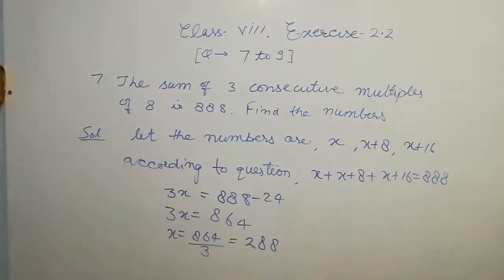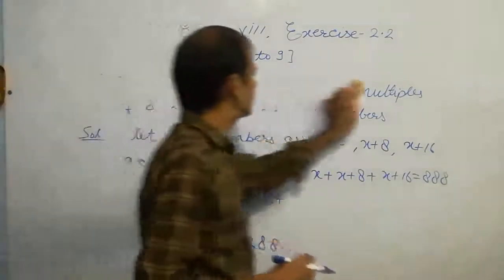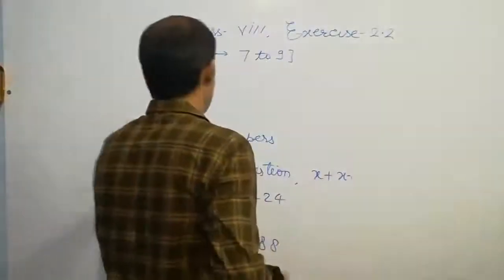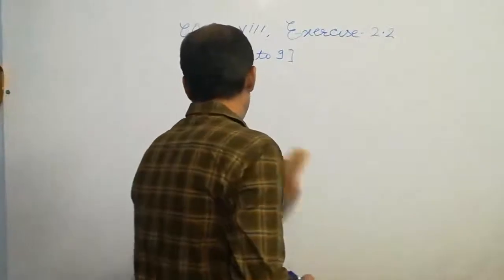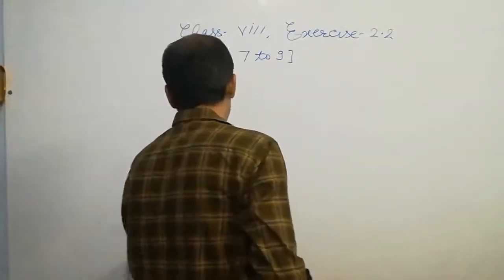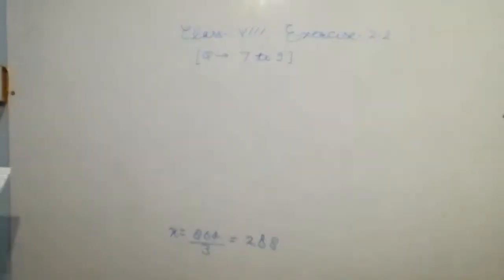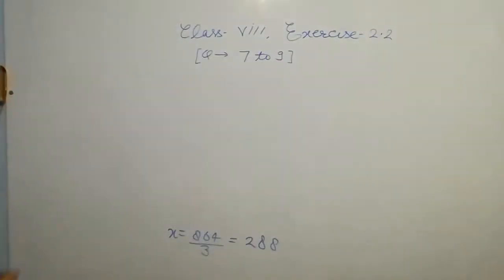Now I am going to solve the remaining part. Note it down. So you have found the value of x, and you can write the 3 consecutive multiples. Find the multiples.